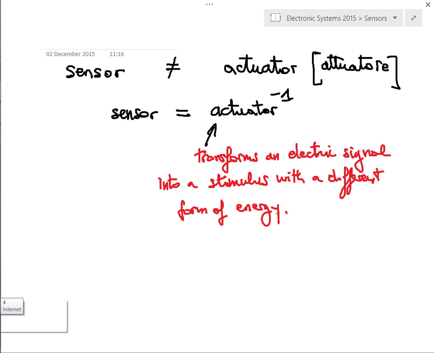Typically, we need to consider that both sensors and actuators can be part of responsive systems, of systems that interact with the user, and in general also of data acquisition systems.